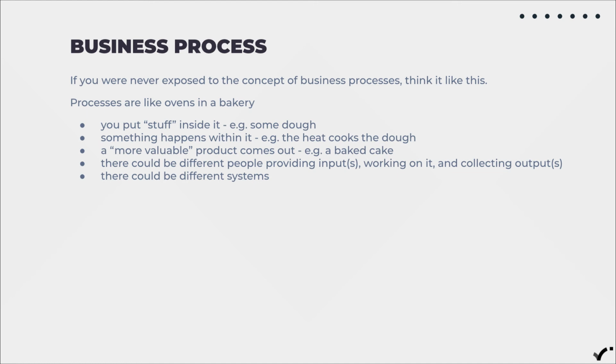There could be different people that are providing input. So say you're the pastry master that just puts the dough together, then there's somebody else that comes and checks the oven or whatever. There could be different systems. Maybe it's not just the oven, then you maybe have to remove it, put it somewhere else. So bear with me, it's a very loose definition, but it's something that I think could simplify the understanding of a process a lot.